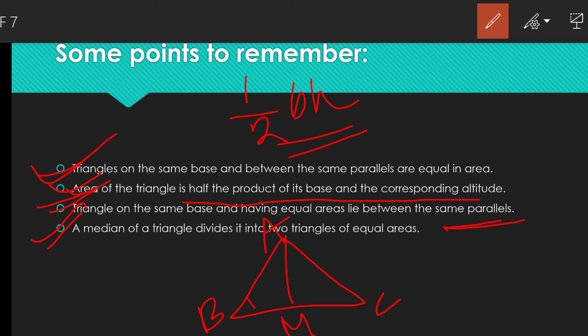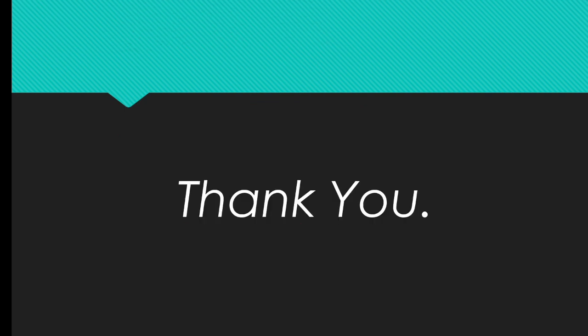Then it divides the triangle into two triangles, ABM and AMC. These two triangles will have equal areas if the triangle is divided by the median. So this is another point to remember that we will come across in this chapter quite often. So this is for today.